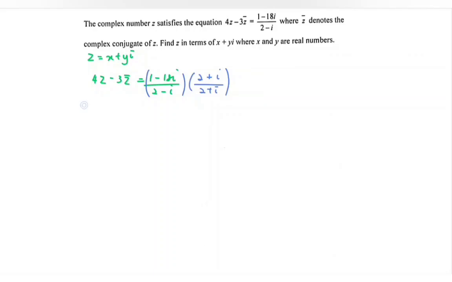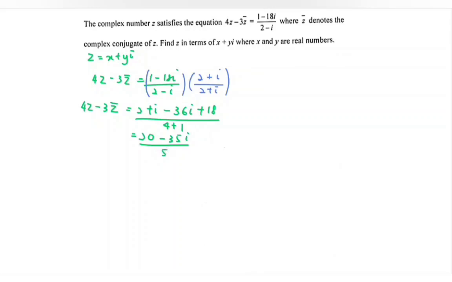So 4z minus 3z bar, where we have 2 plus i, minus 36i, and then plus 18, over 4 plus 1. So if we simplify, we will have 20 minus 35i over 5.